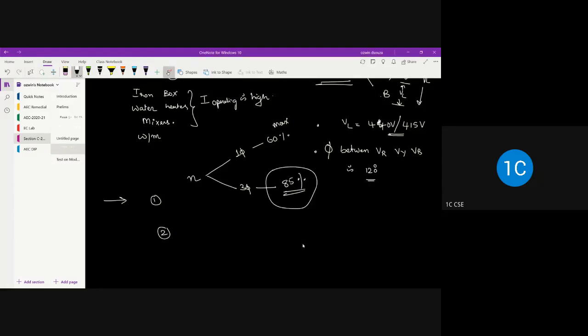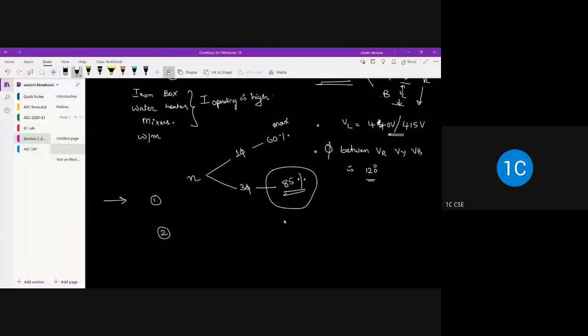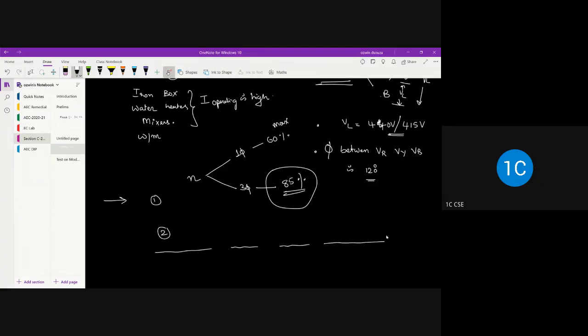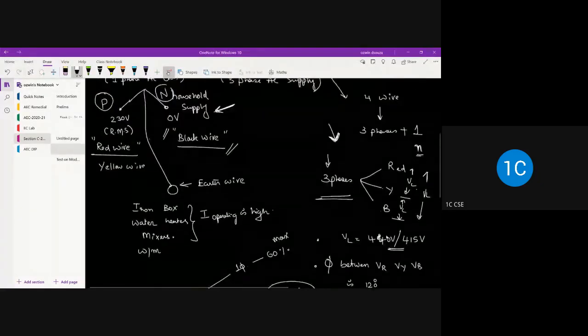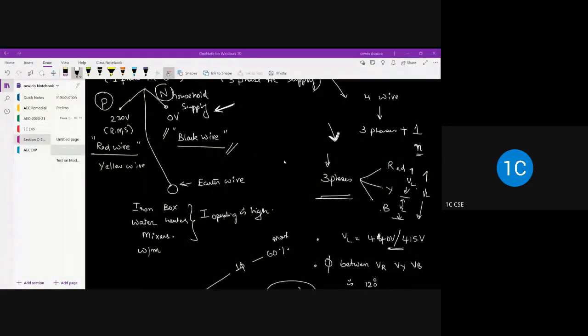They can save a huge amount of revenue by reducing the electricity bill. All right. So that's the broad understanding of why three-phase is preferred in industry and why single-phase is preferred in domestic applications.